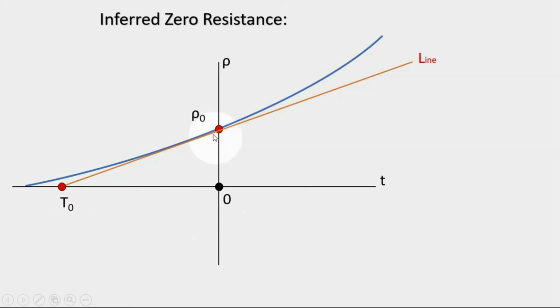So what did you notice? You notice here we are forming a right triangle that has an opposite side, an adjacent side, and the hypotenuse. Let's consider another point in this line. This point, we name this as point 3, simply extending the x and y plane. You have here your temperature as T3 and rho 3 for your resistivity.